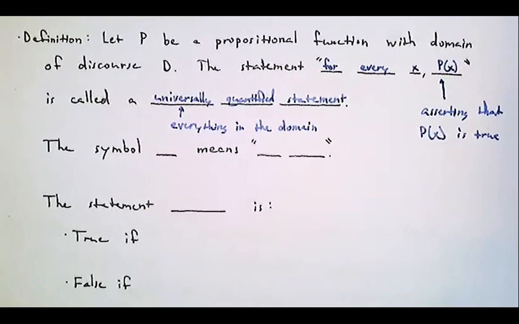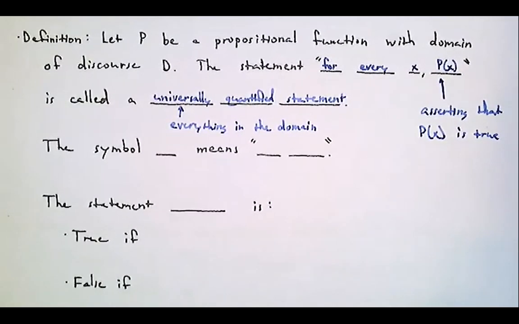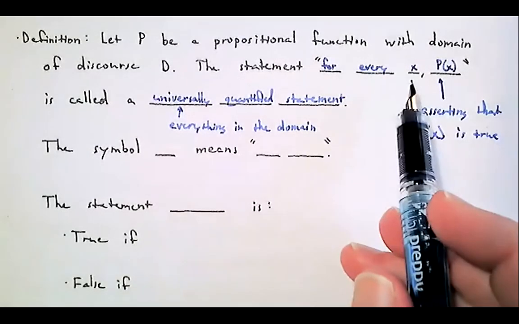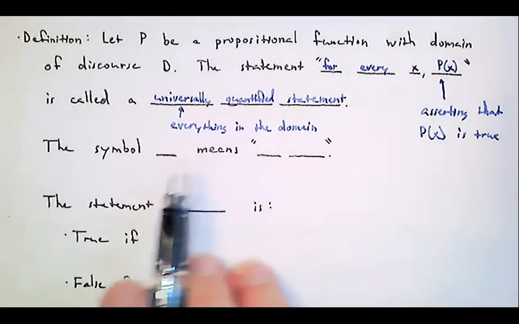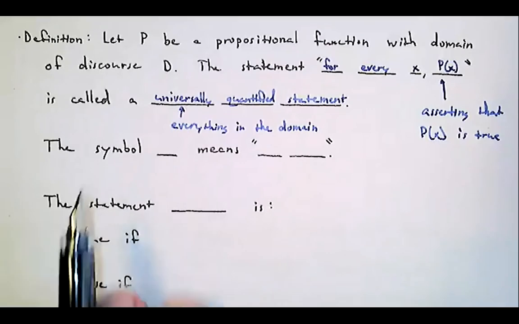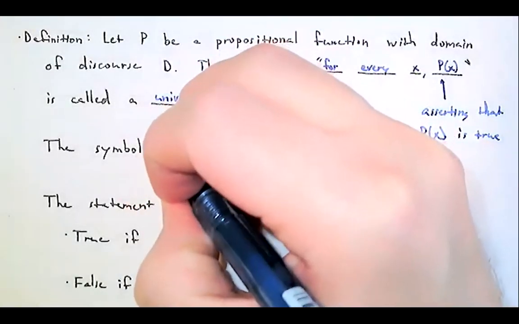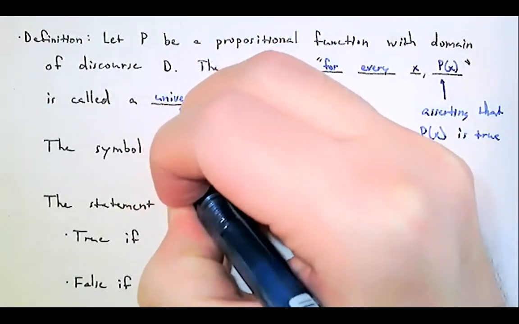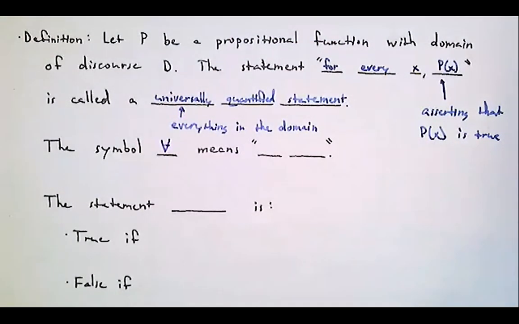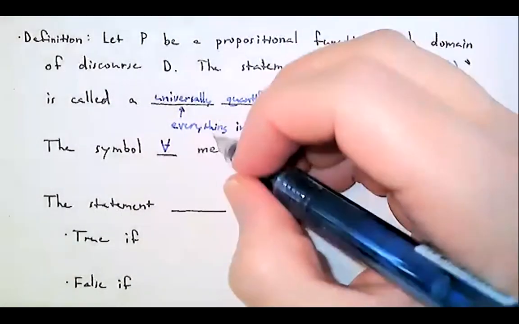There's a little bit of notation. Instead of writing for every x, instead what we do in mathematics is use this symbol. And it's a capital A that's been turned upside down. And it simply means for every.